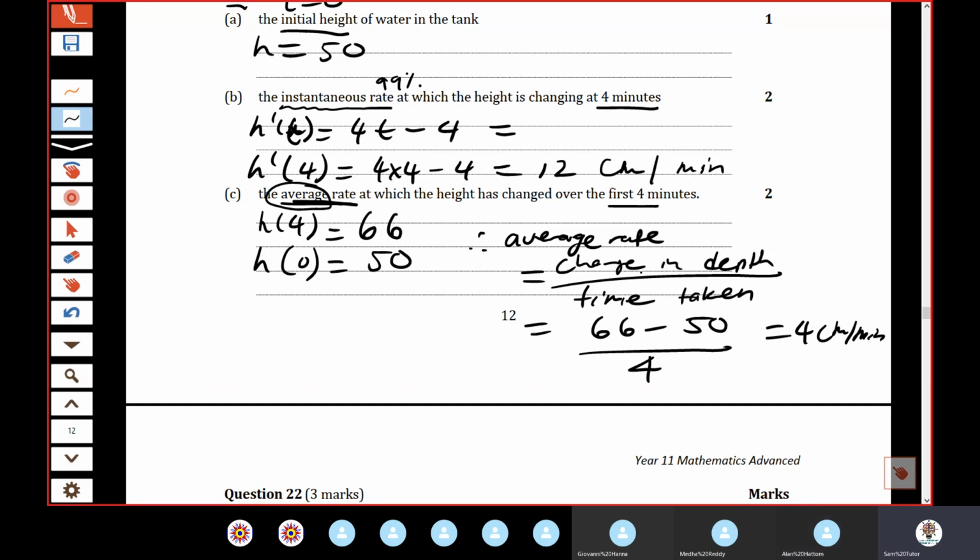So be careful. Instantaneous is at that point, and that's differentiation. Average rate, we just got to do simple rates, I guess. So it's 66, it was 50, you increased by 16, that means per 4 minutes. In other words, 4 centimeters per minute.